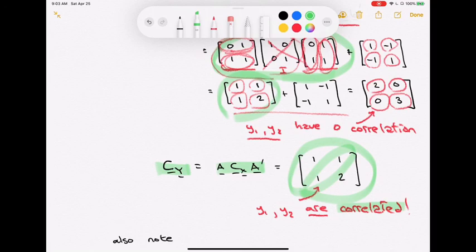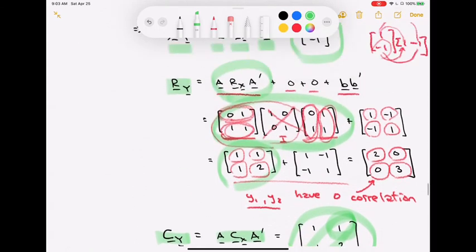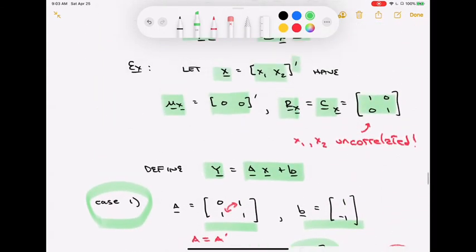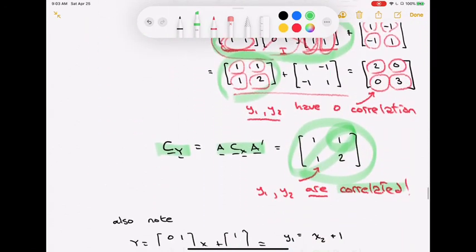These diagonal terms, that's the uncorrelated case. So in this particular case, they are correlated. We had started with an uncorrelated set of random variables, and we were able to generate random variables that not only had a different mean and a different correlation matrix, but they became correlated.